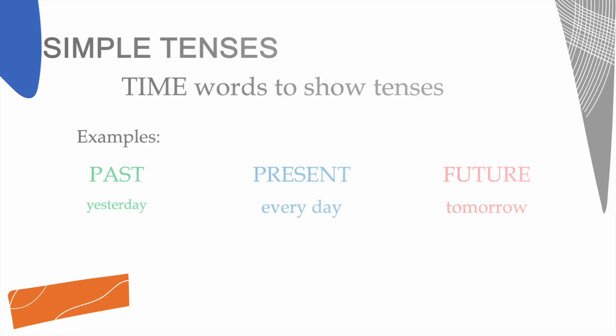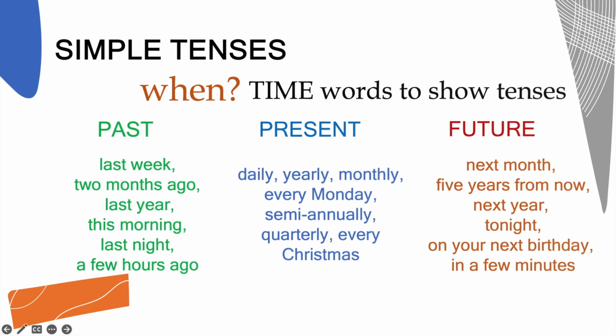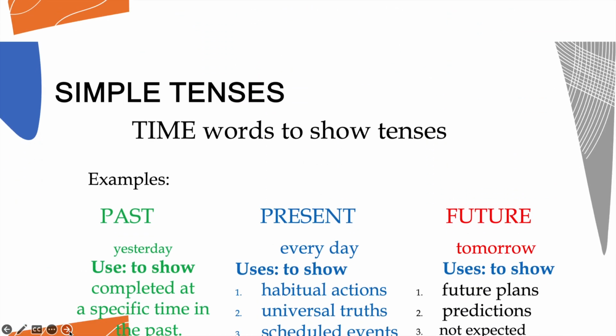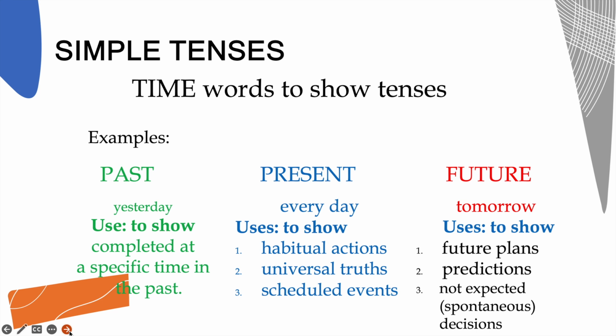Let's move on now to the uses of the tenses. When do we use the past tense? When do we use the present tense? Or when do we use the future tense? For the past tense, remember the time word yesterday. The past tense is used to show action that is completed at a definite or specific time in the past.